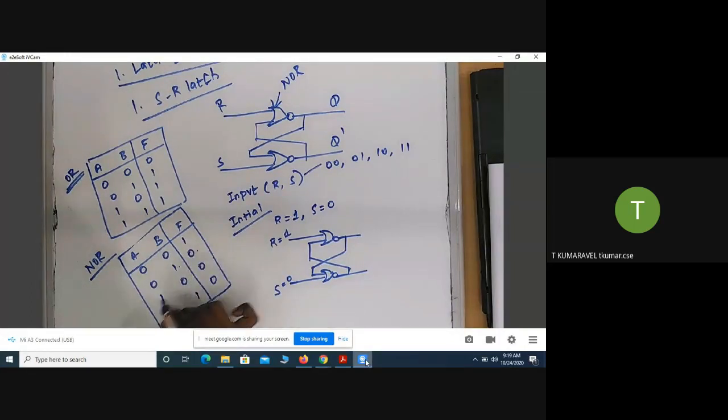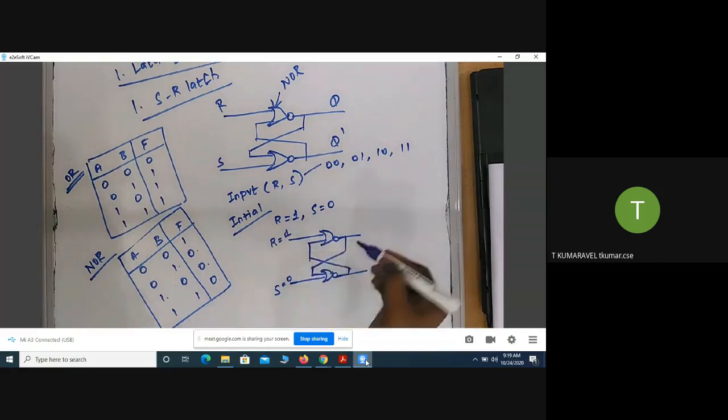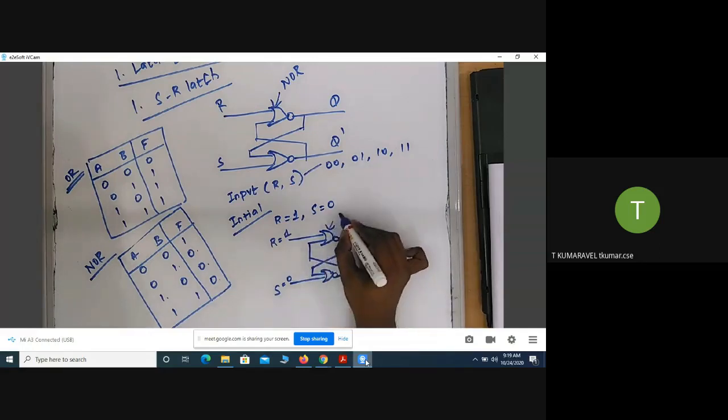Similarly in this combination, and also when both inputs are 1, the output is 0. So based on this observation, irrespective of the other input, the NOR gate is going to generate output equal to 0. Is that okay for you?